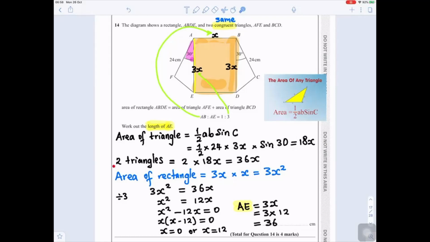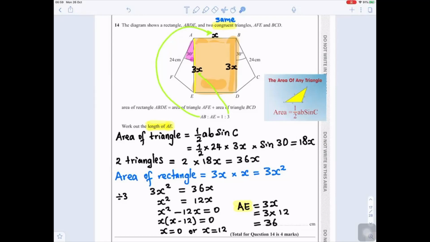For two triangles, one on the left side and one on the right side, you multiply that answer by 2. So 2 times 18x gives you 36x.